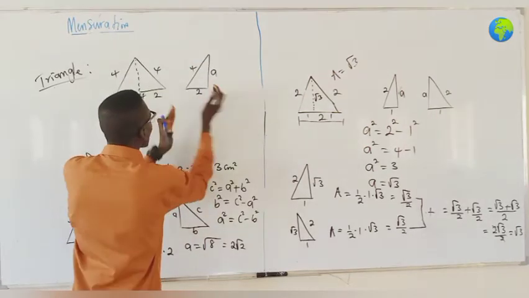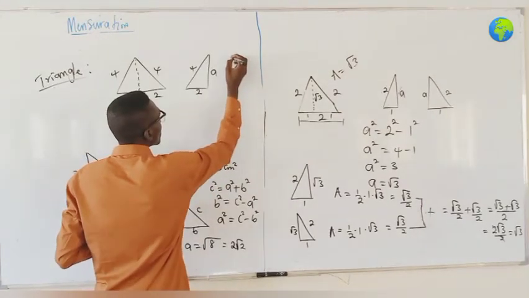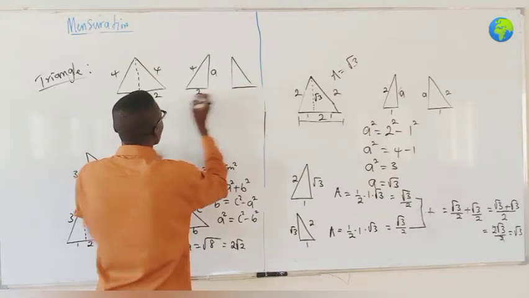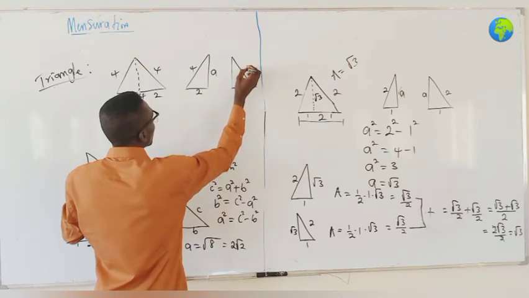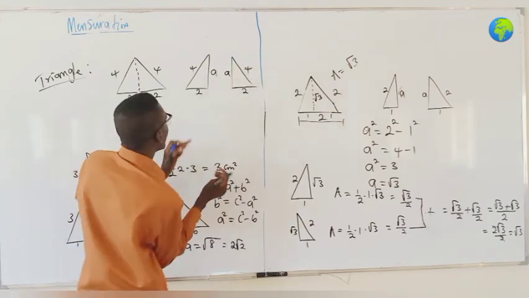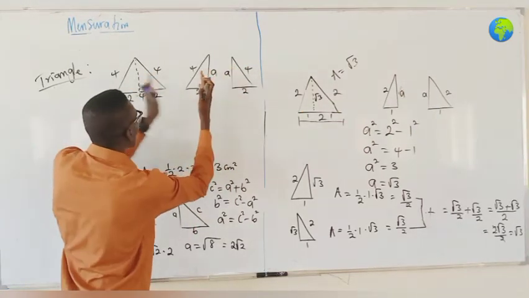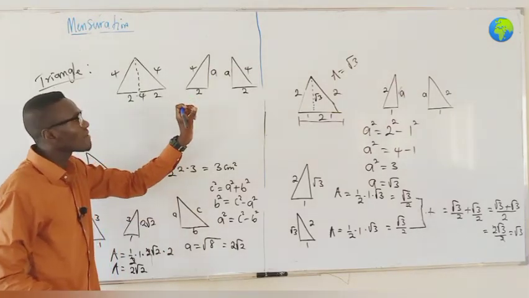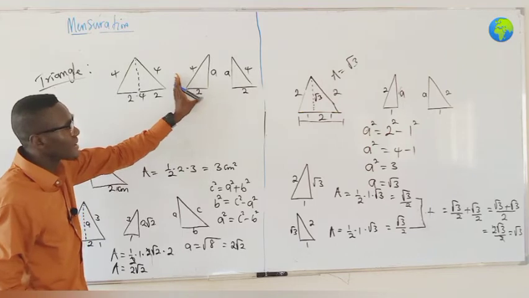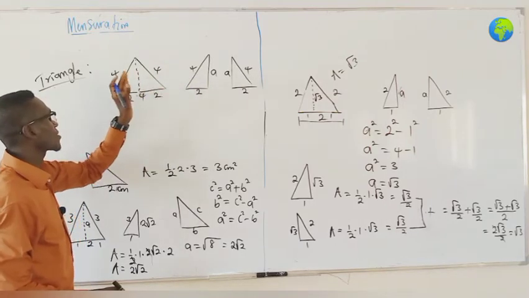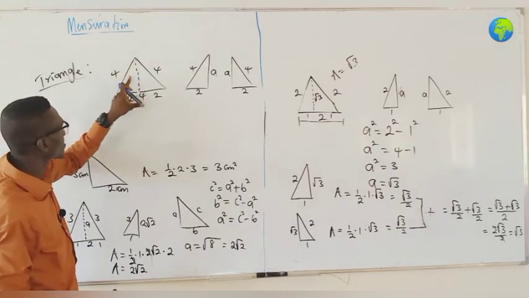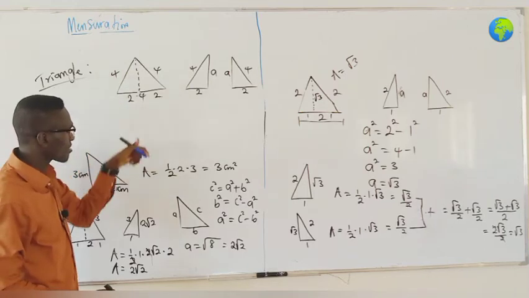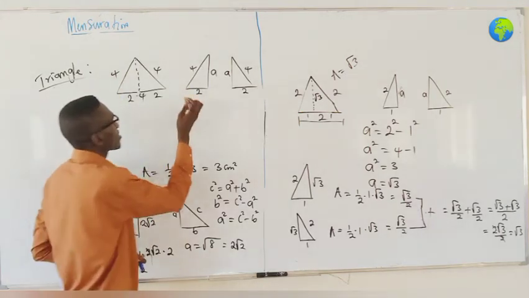Same thing for the other one, this is 2, this is 4, this is 8. Look at this. If I just join it, I'll get back my triangle. So does that mean that calculating the area of one of the angles, I'm multiplying by 2? Or let me just say, calculating the height of this triangle, is it actually the result of the area of the triangle? Look at what I mean.